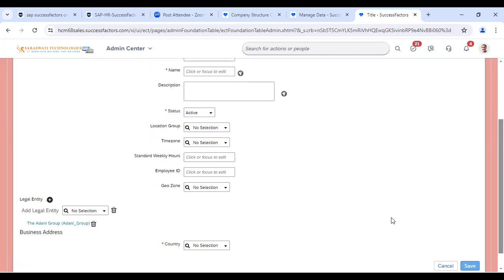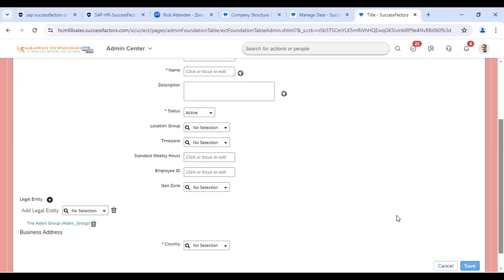So this is the main question the client will ask you: can the location be associated with different legal entities or with one legal entity only? You can tell them that a location can be associated with two different, or maybe many, legal entities. It depends on the requirement.